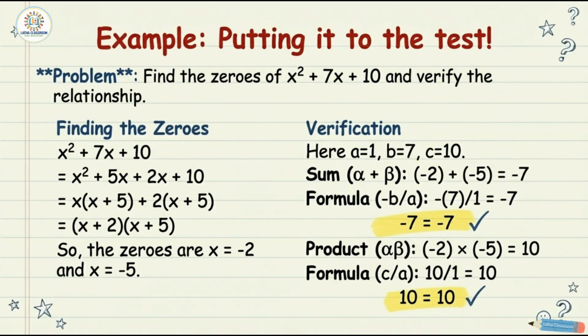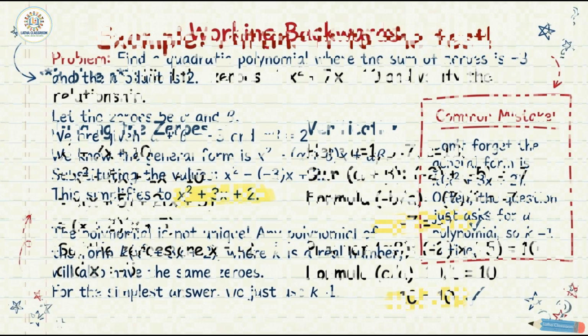So the sum formula is verified. Then the product formula: alpha beta is minus 2 into minus 5, which equals 10, and the formula c by a equals 10 by 1, which is 10. 10 equals 10. So both are equal. So the product formula is also verified.